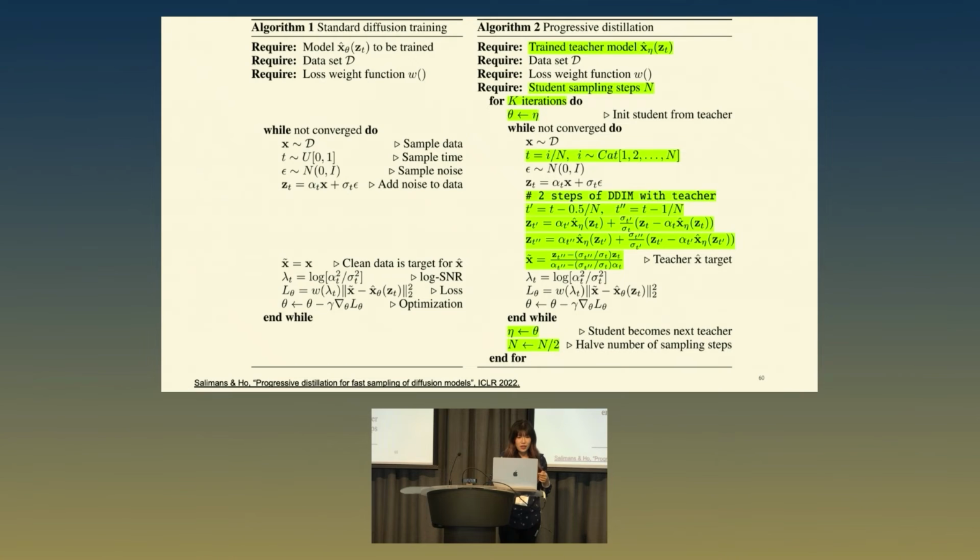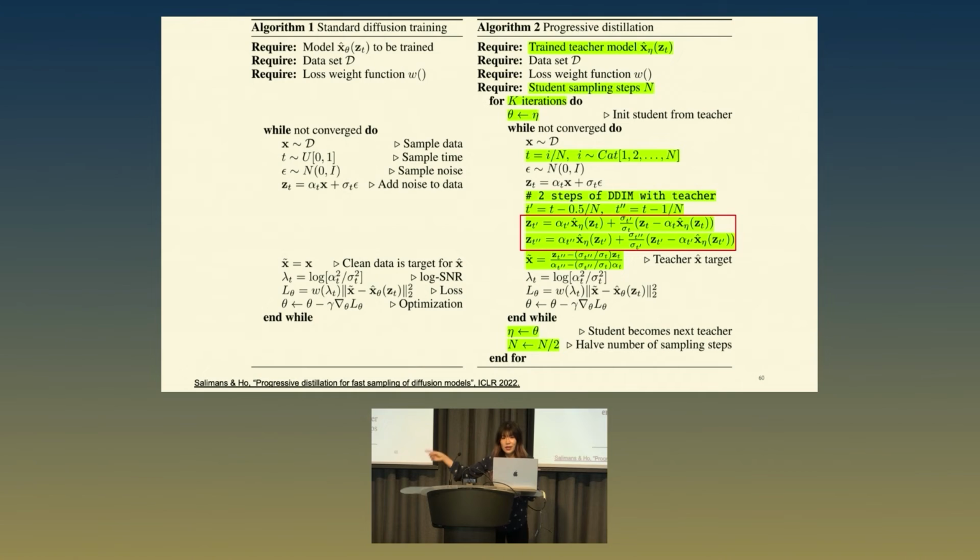And actually, if we take a look at the implementation, it's very similar to the original diffusion model training. The only difference is highlighted in green color. So first, instead of having training data, we have a pre-trained teacher model. And then we initialize the student from the teacher model. And the difference is here. Originally, we have the target to be the ground truth noise added to the clean sample.